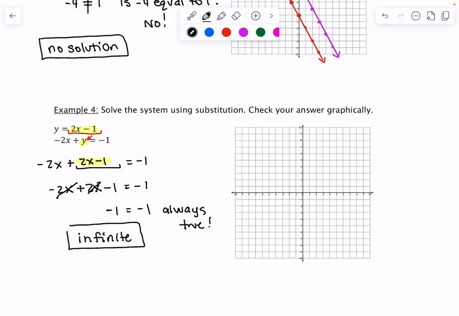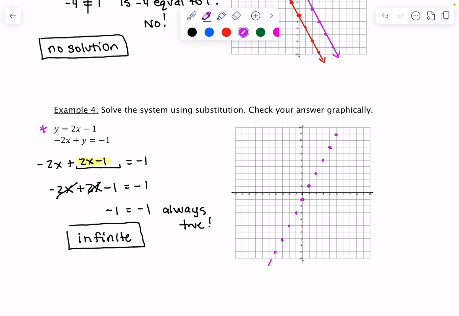If I want to graph this, I'm going to erase the highlight in the red, and I'm going to graph the first line in pink. So I'm going to start at -1 and go up 2 over 1. Make my line.